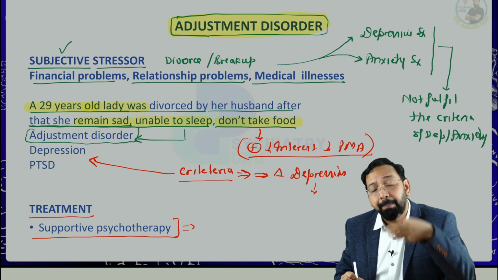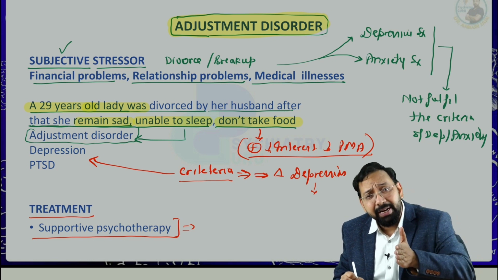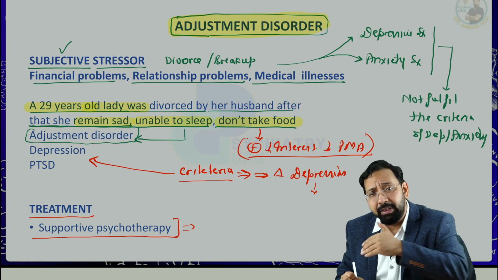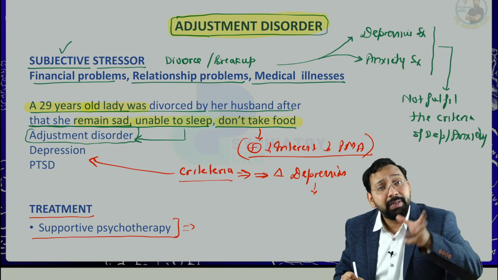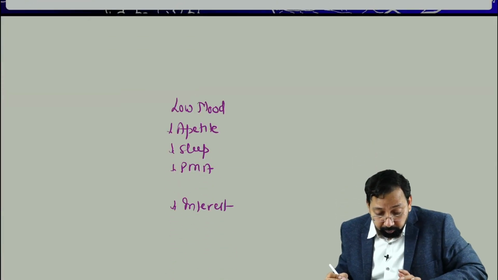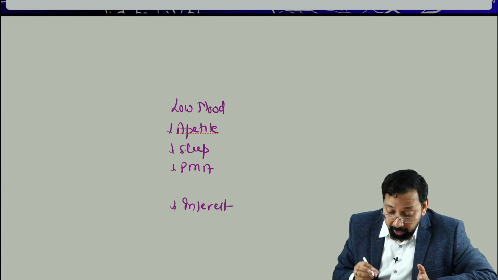If the depressive criteria are fulfilled, it is depression, and we will give antidepressants or whatever the treatment criteria are, which I will discuss shortly. Or if diagnostic criteria are not fulfilled, then you will give supportive psychotherapy. Now, I will make a flow chart. It will help you to remember.